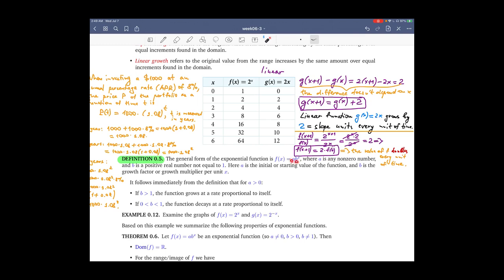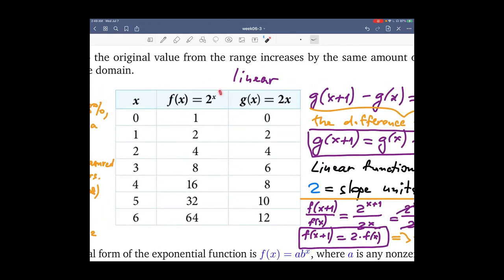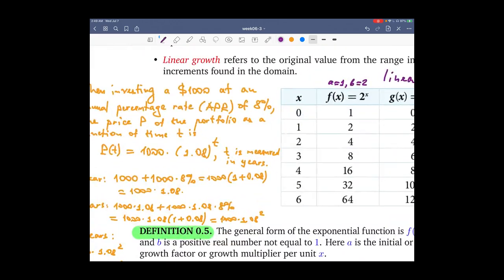So a is non-zero, b is positive, and we also require that b be not equal to 1, because if b is 1, we again get a constant function. For the function f, in this table, a is 1, the factor in front of the power, and b is 2. In the example that I gave on the left, a is 1,000 and b is 1.08.